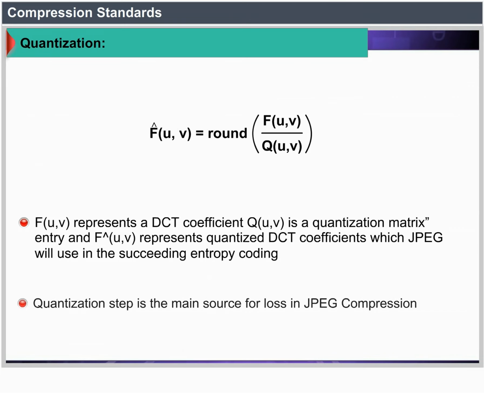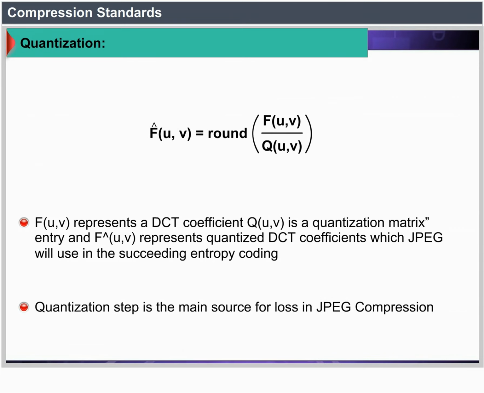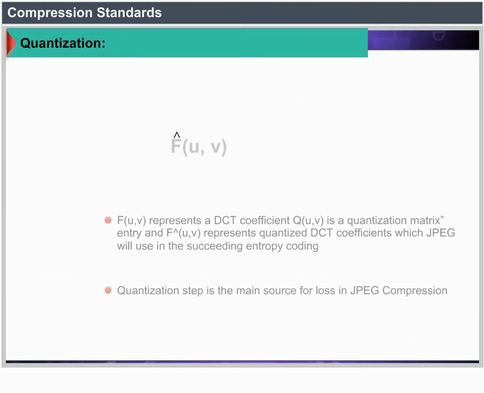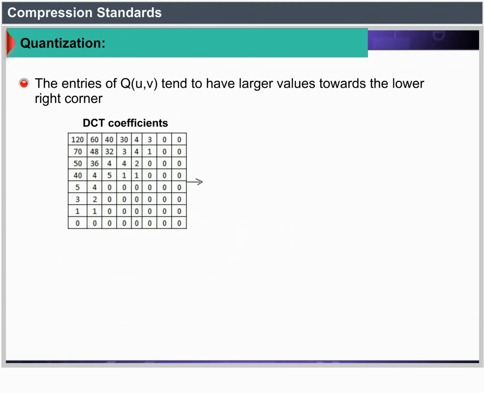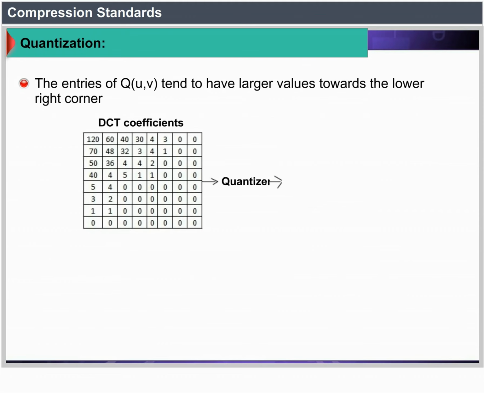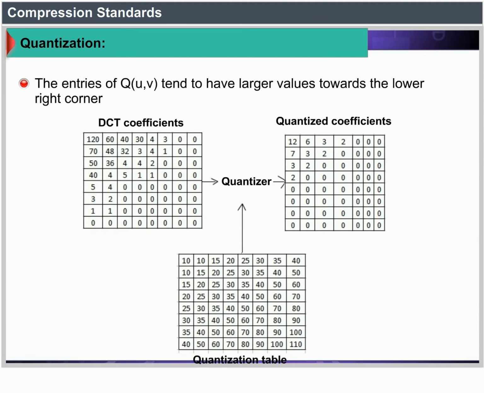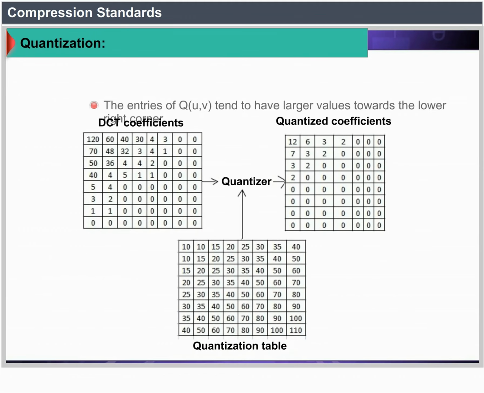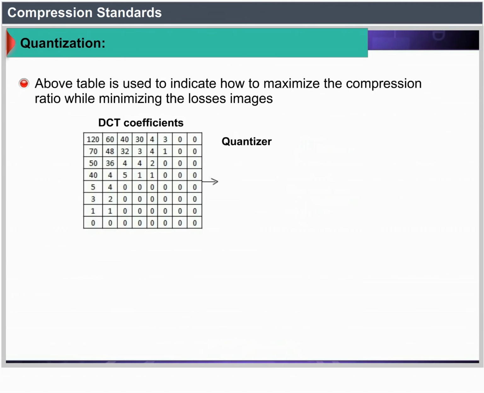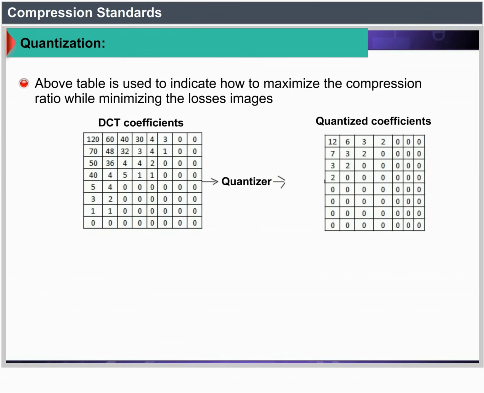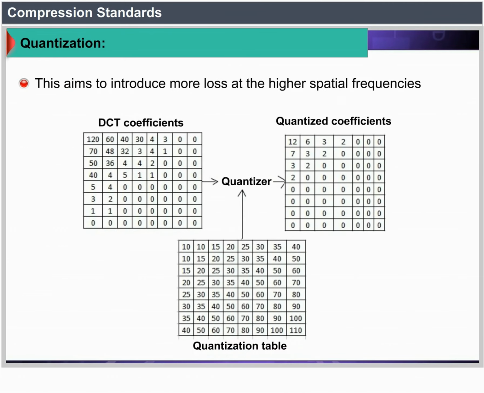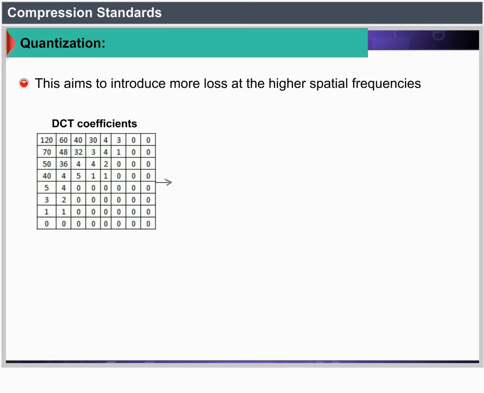Quantization step is the main source for loss in JPEG compression. The entries of Q of u, v tend to have larger values towards the lower right corner. The table is used to maximize the compression ratio while minimizing the losses. This aims to introduce more loss at the higher spatial frequencies.